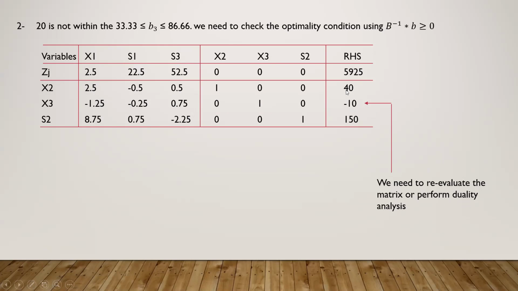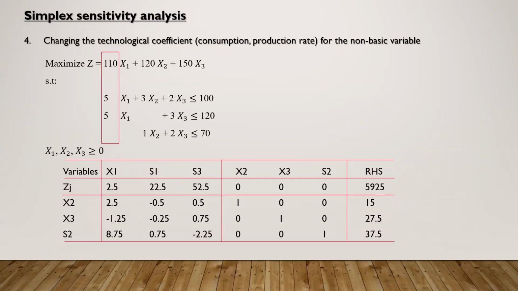Or the simple way is to just recalculate the whole matrix again. Since it's not within the range of optimality, I know I need to reevaluate this matrix. So you can just plug the new values into MATLAB and see what happens, and eventually it gives you a new matrix.